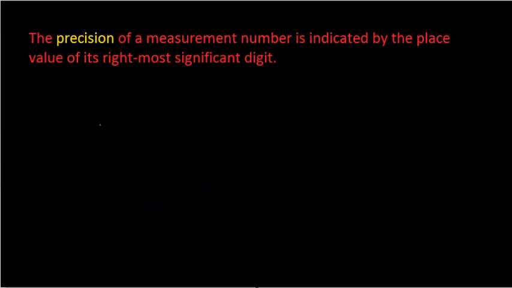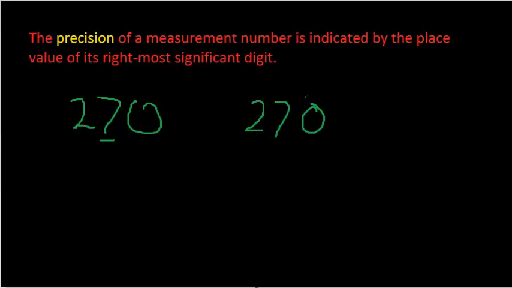The precision of a measurement is indicated by the place value of its rightmost significant digit. So 270, this is precise to the tens place, because that is its rightmost significant digit. If that same number has the overbar, now this is precise to the ones place.